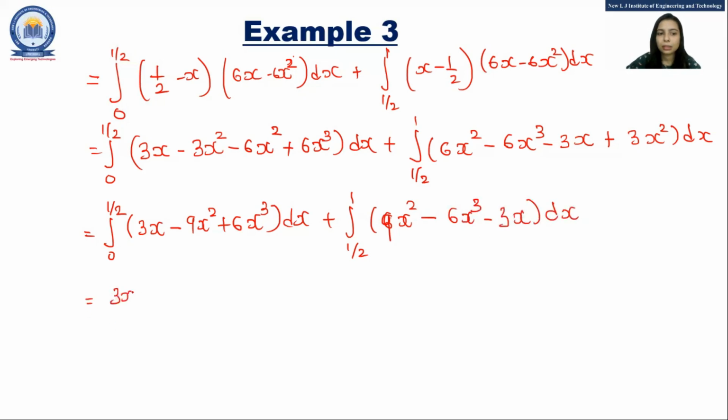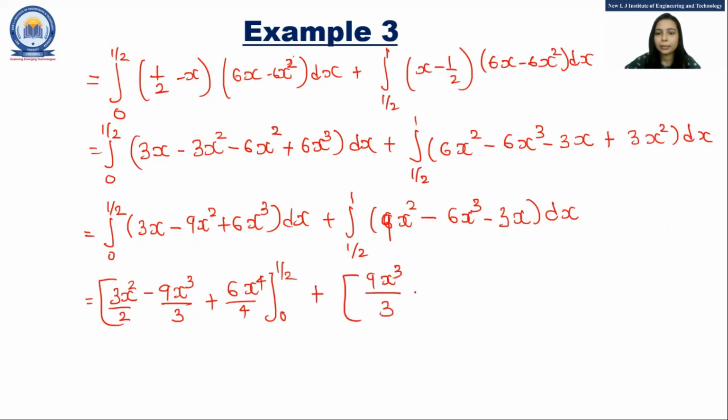So this is 3x square divided by 2 minus 9x cube divided by 3 plus 6x raised to 4 upon 4. Lower limit is 0, upper limit is 1 by 2. Plus 9x cube divided by 3 minus 6x raised to 4 upon 4 minus 3x square divided by 2. Lower limit is 1 by 2 and the upper limit is 1.